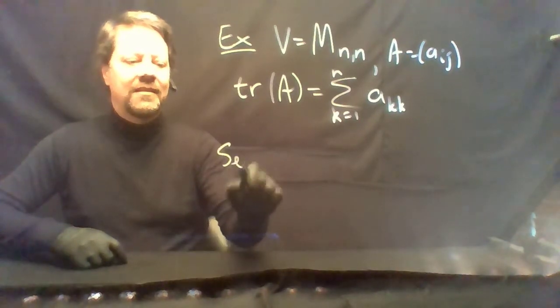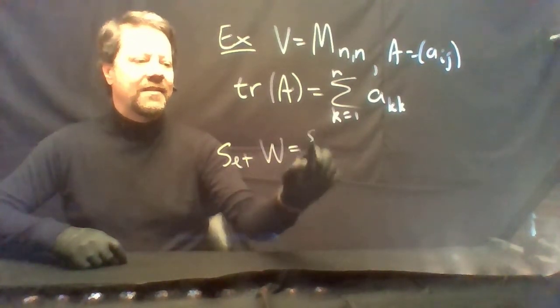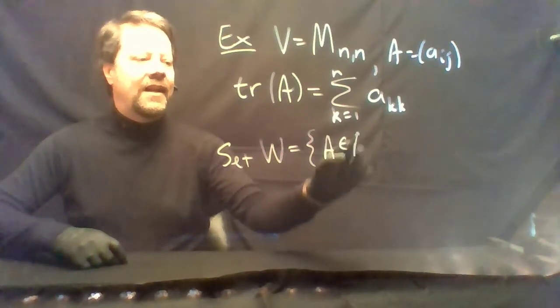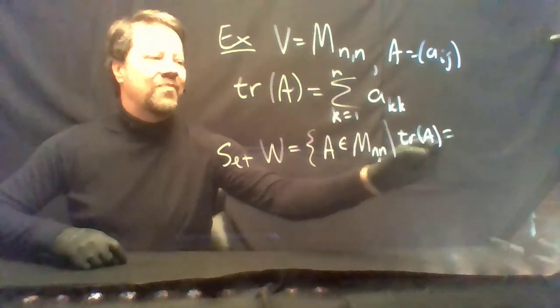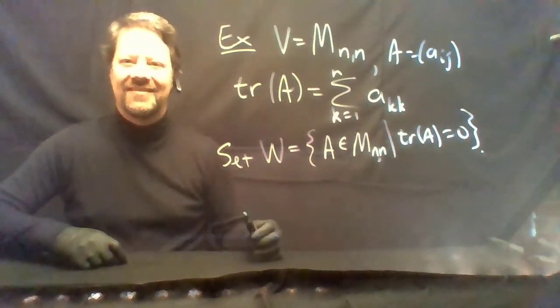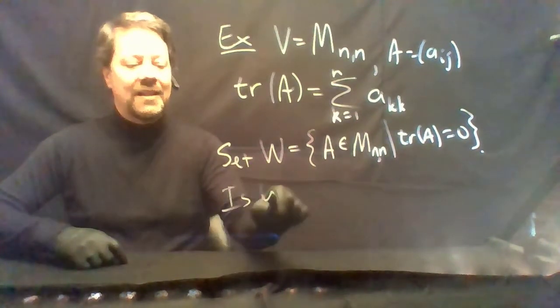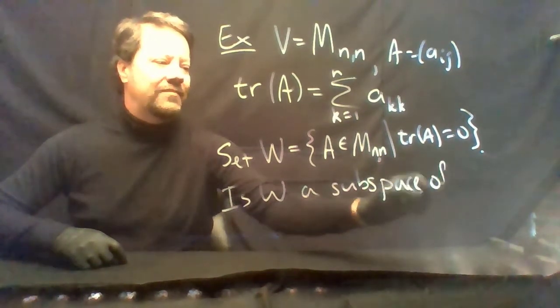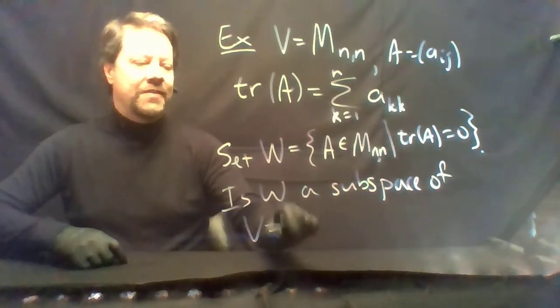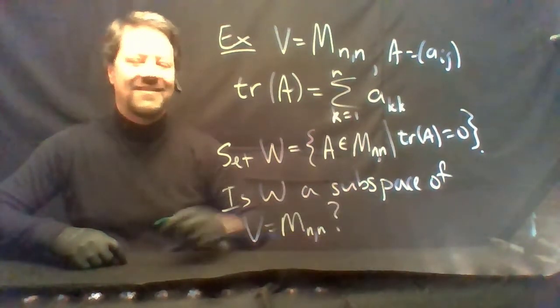Let W be the set of all A lying in M_nn such that the trace of A is 0. Is W a subspace of the vector space V, which is M_nn? If a matrix has trace equal to 0, we call it trace-free. We need to see if the trace-free matrices form a subspace of the set of square matrices.